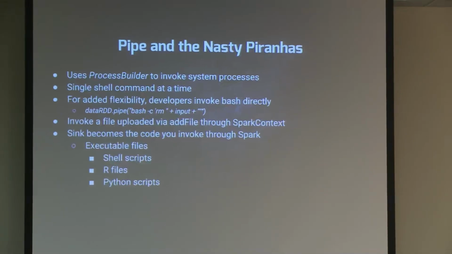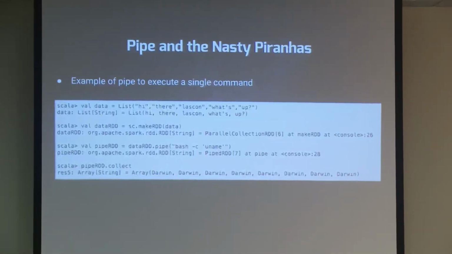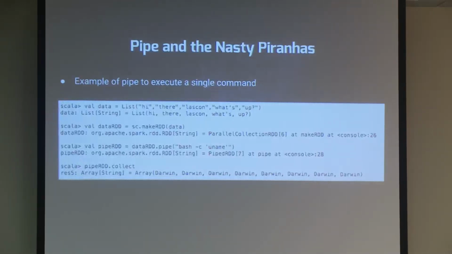I don't know. Here's an example. This isn't real code, this isn't particularly useful, but it illustrates how that works, right? First thing we do is take a list and break that up, nothing too fancy there. But regardless, you can see what it ends up doing is it creates a parallel collection.